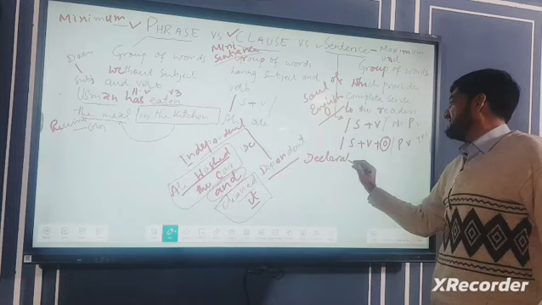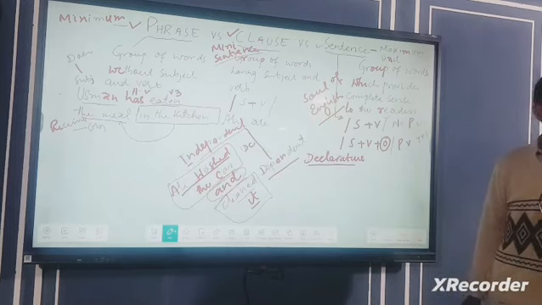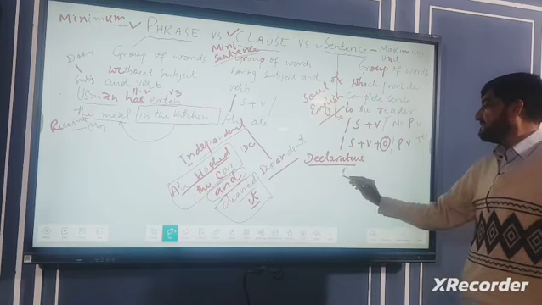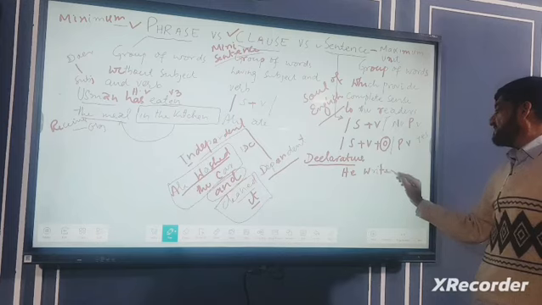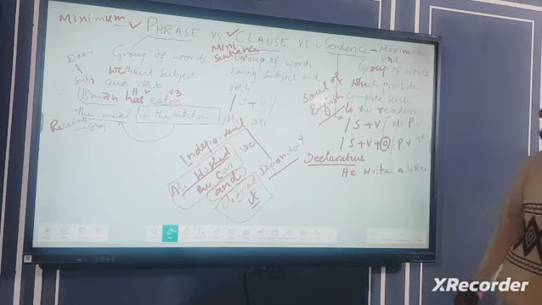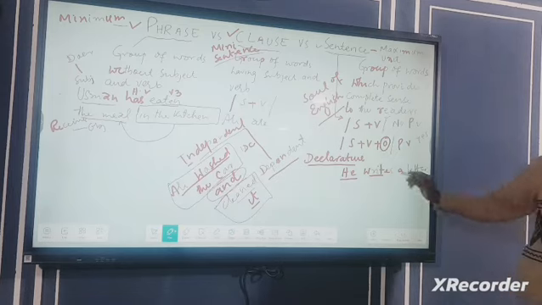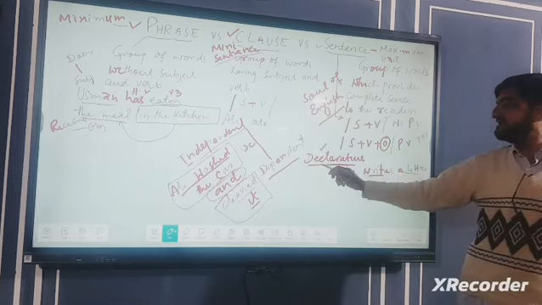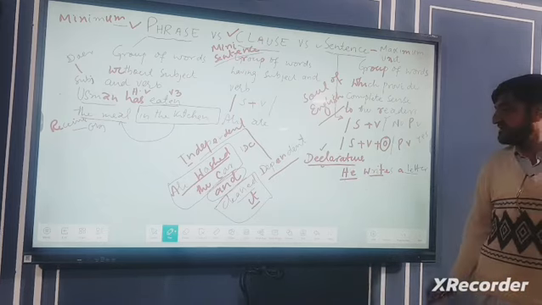Declarative is the sentence which gives us statements. For example, he writes a letter. So in this sentence you can see that he is the subject, writes is the verb, and a letter is the object. So it is just a statement. It is also known as statement sentences, declarative sentences, and affirmative sentences.